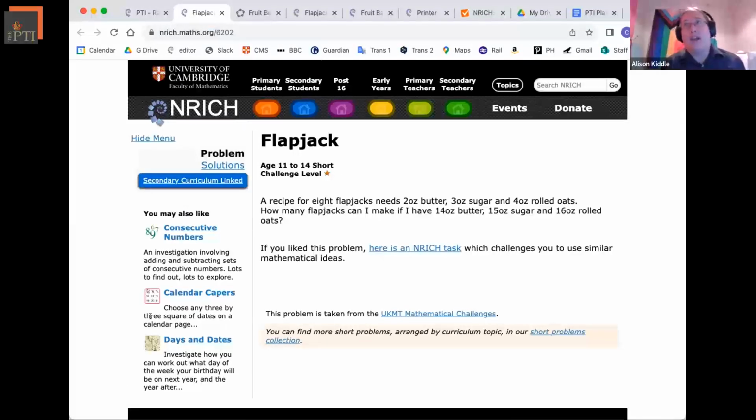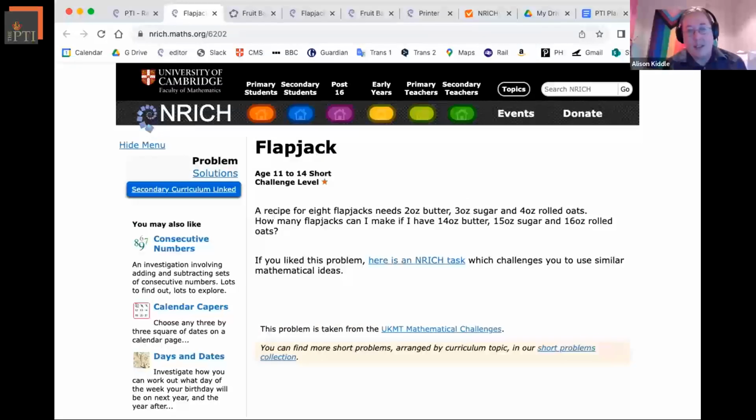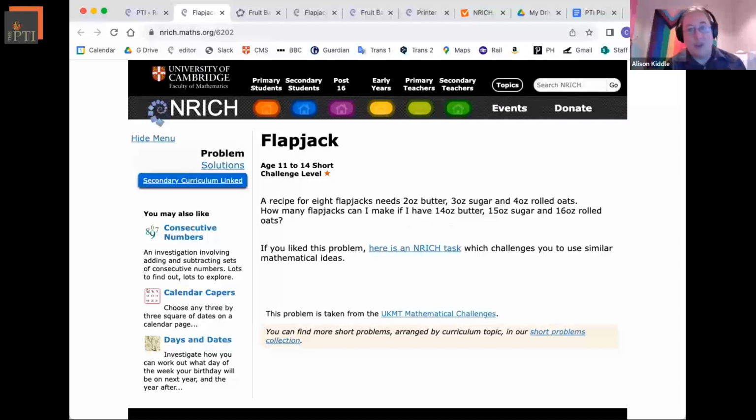But I think it's also important that they don't get the idea of maths that there is only one method to solve things, because that's so not the case. So many problems, there are multiple ways to solve it, and getting them to appreciate that you've got lots of ways to choose from, I think is really empowering.